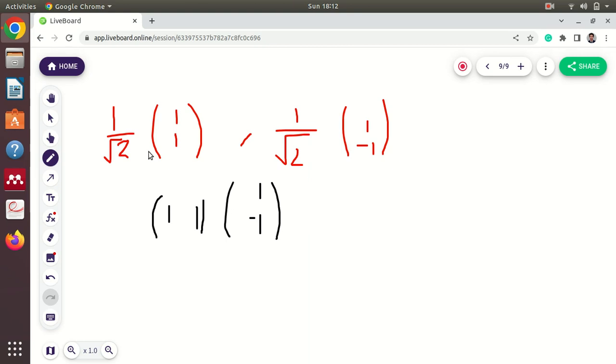Now the product of this 1 by root 2 and this 1 by root 2 will become 1 by 2. So I will keep this as it is here. Now the dot product of these 2 matrices is 1 into 1 is 1 and 1 into minus 1 is minus 1. So 1 minus 1, and that is equal to 0. So 0 multiplied by something is 0. Therefore the dot product of these 2 vectors is 0.